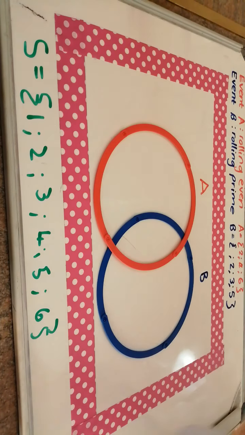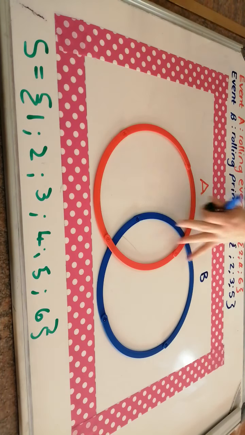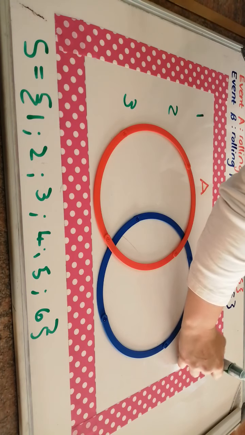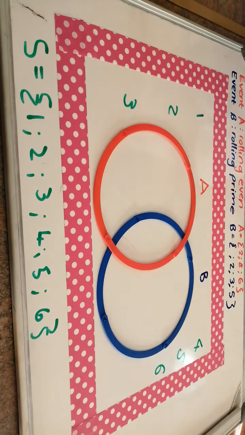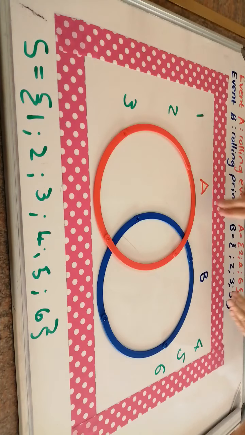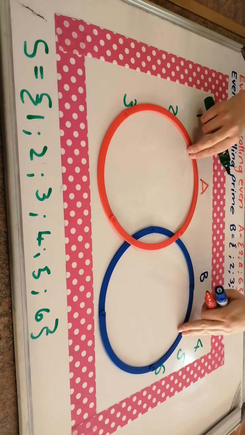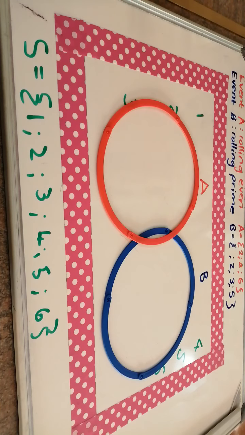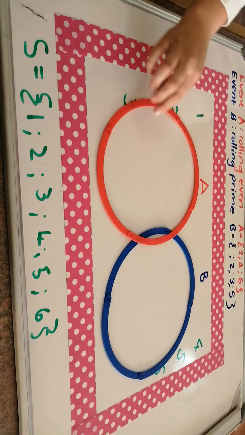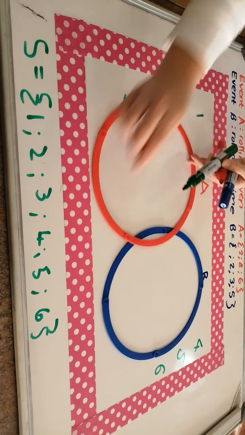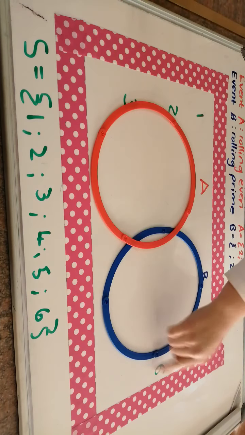So I'm going to draw in our sample space all over this Venn diagram. 1, 2, 3, 4, 5, and 6. And now I'm going to eliminate. So into event A, I'm just separating them for now. Into event A, we said it's rolling even numbers. So the numbers that are going to fall in event A would be 2, 4, and 6.